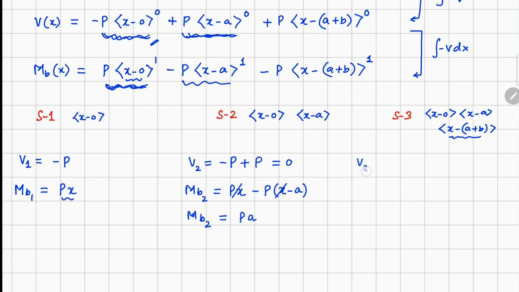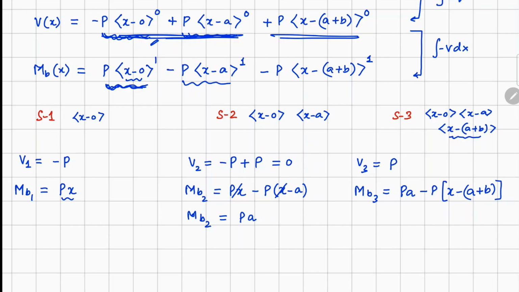In the third segment you are going to have all three. Up to this point we have already calculated V2, which is 0, so only the third term will come. The third term is P x minus (a plus b) to the power 0, which gives 1, so that equals P. Now M_b3 will have M_b2, which is Pa, and the last term, which is minus P times x minus (a plus b).